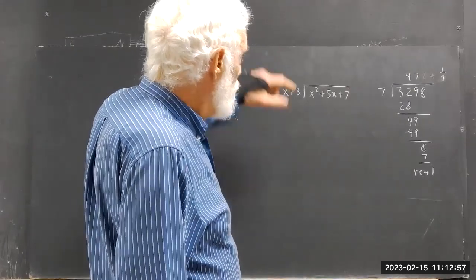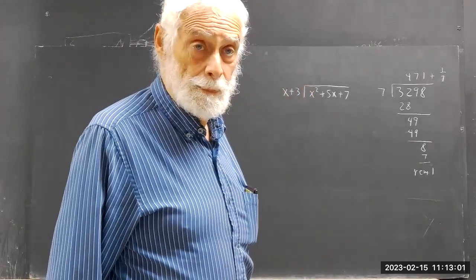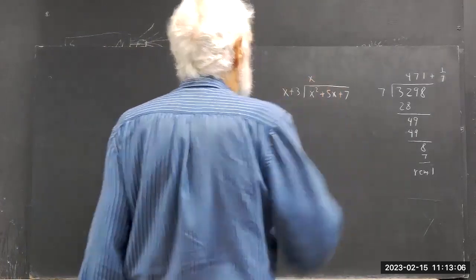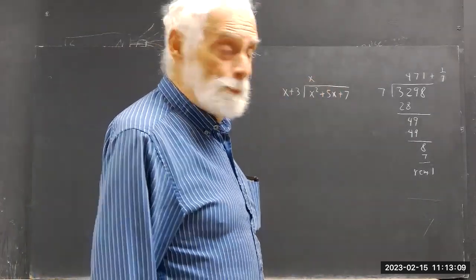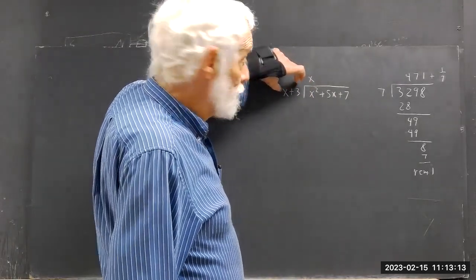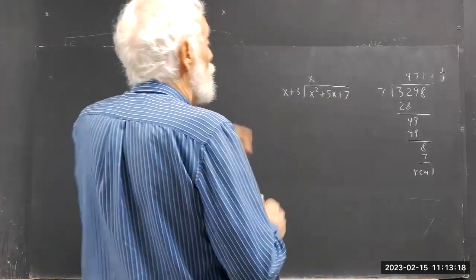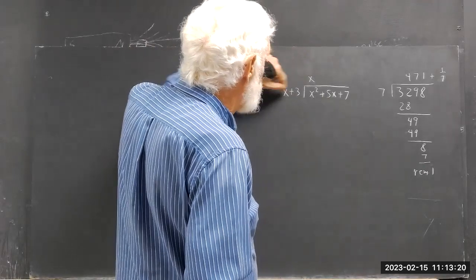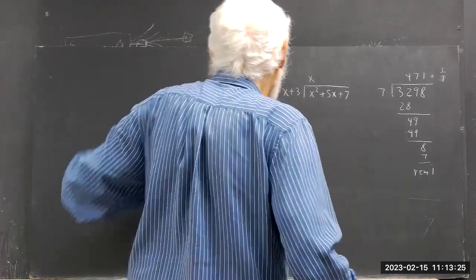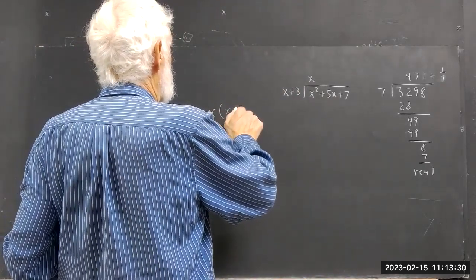Whatever I get here has to start with an x, because what I get here multiplied by this has to give me this. So what would I multiply by this to get this? I know I have to multiply by an x.